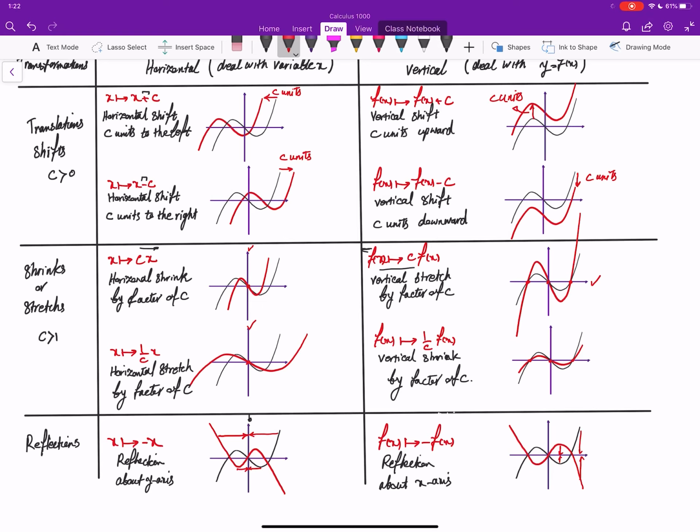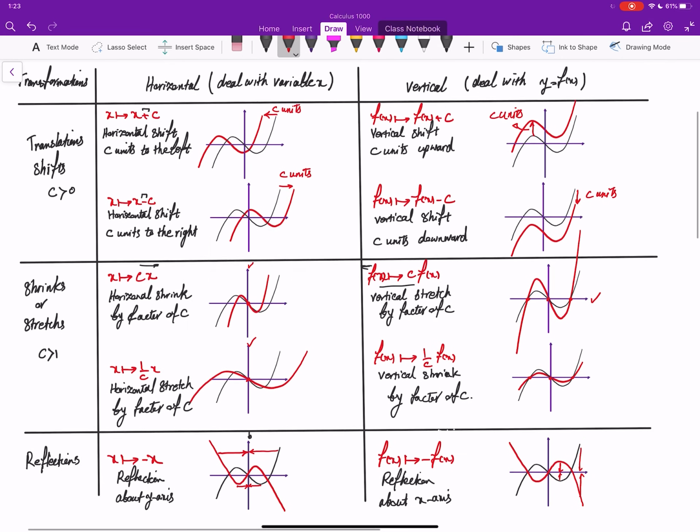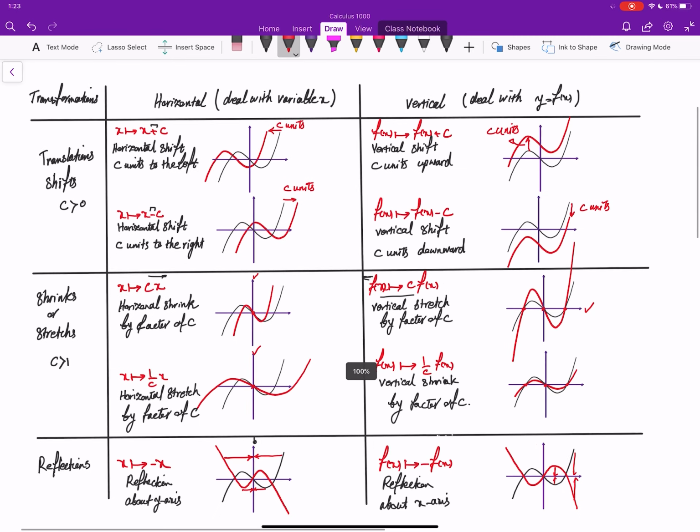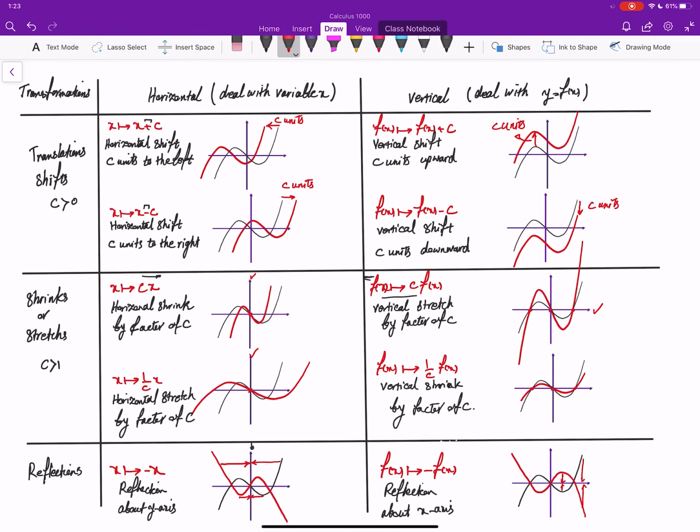Something like that. And this gives us the list of the transformations we need to know, and this categorizes things in 2 ways. And if you know this table, basically you know everything you need for this course.